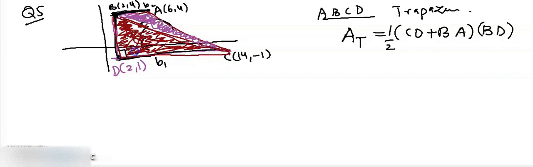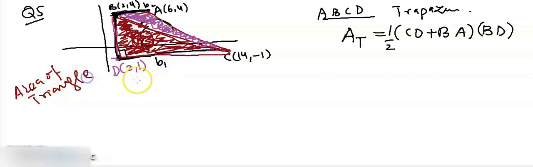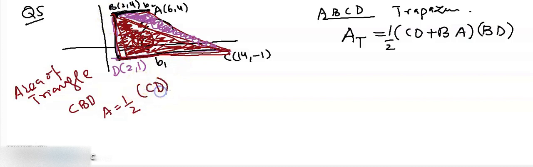So the area of triangle CBD is going to be 1/2 times base, which is the same base CD, times height BD. So you calculate this area, which is the area of the triangle.